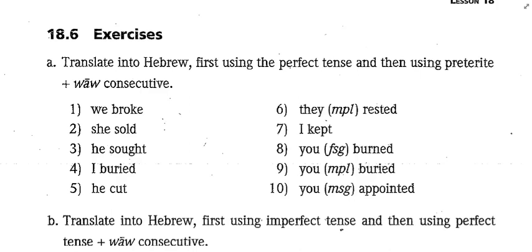The first one is the perfect conjugation, and the second one is the preterite plus vav consecutive, or the vayiktal, or the WCI form. So those are the two ways to do this. Both of these can have past tense translation values. And that's what we have here: a set of translations that are English expressions that are past tense.